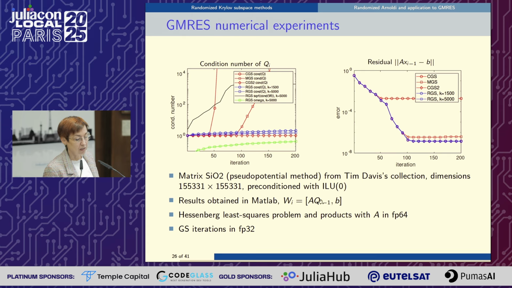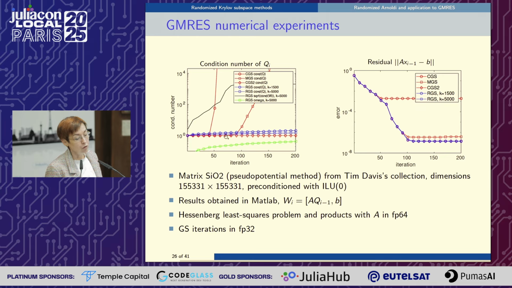The Hessenberg least squares problems and the products with A are in FP64, but the Gram-Schmidt iterations are in FP32. We look again at the condition number as we build the basis, and then the residual we obtain in GMRES. Again, if we look at classical Gram-Schmidt, at some point the condition number increases significantly, and then the residual will stagnate here.